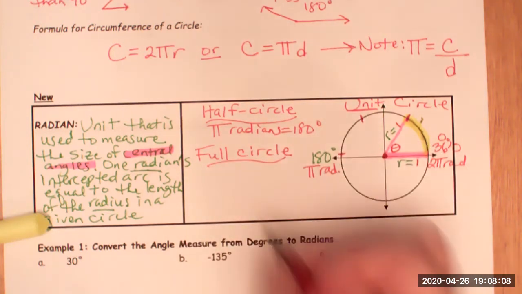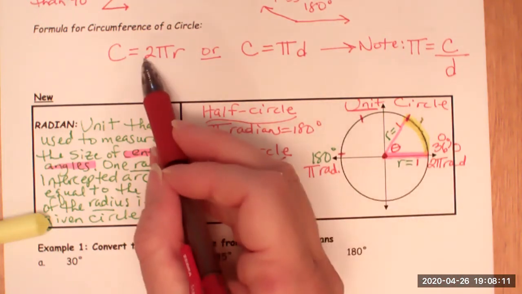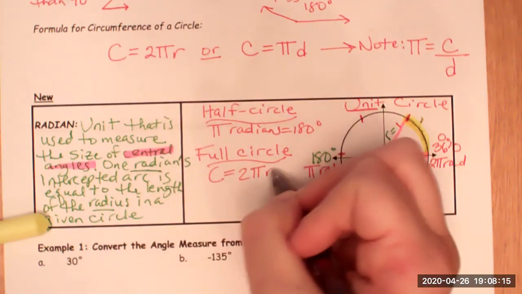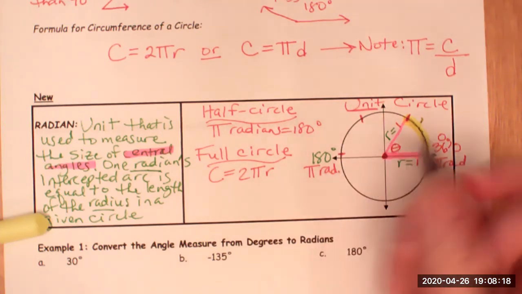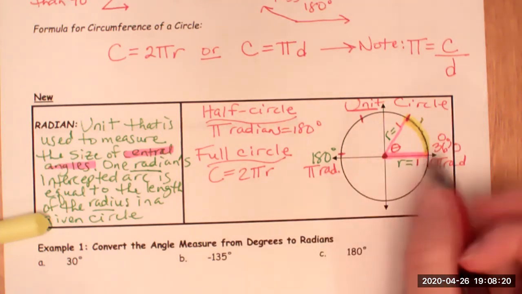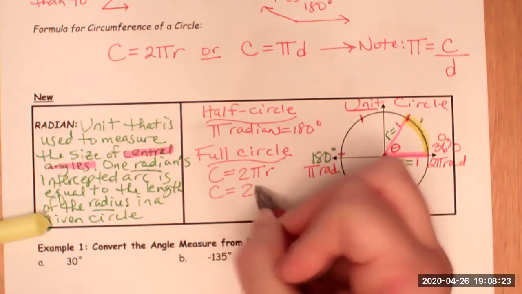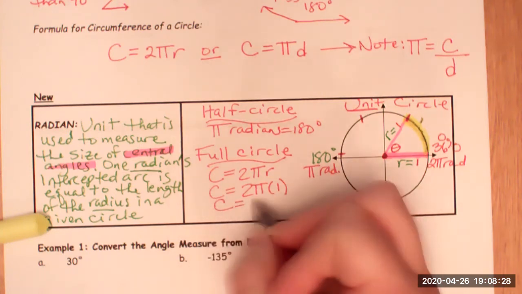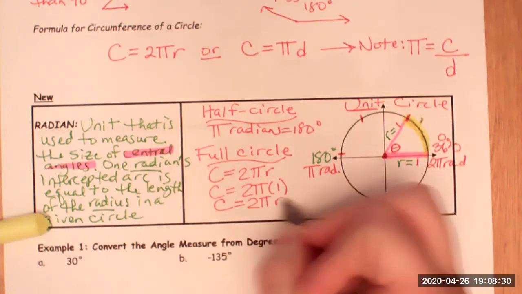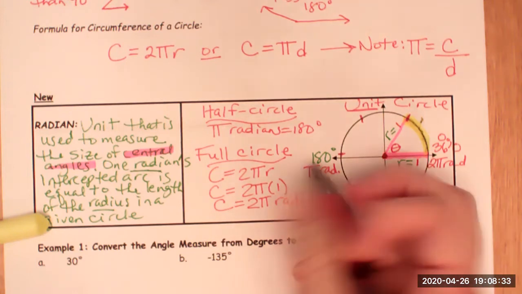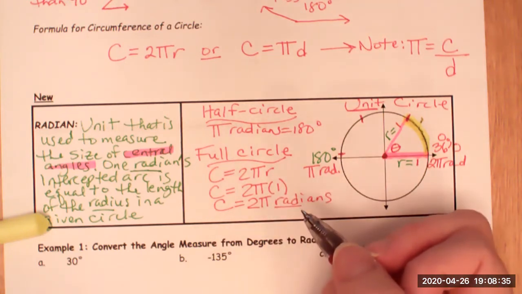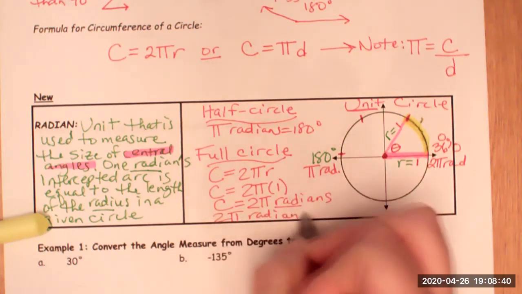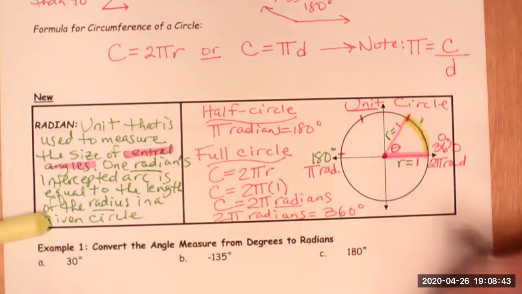If we travel completely around that full circle, the circumference is 2 pi r. Because this is a unit circle, we let r equal 1, and the circumference comes out to 2 pi radians. Sometimes we'll abbreviate radians as RAD. So 2 pi radians equals 360 degrees.